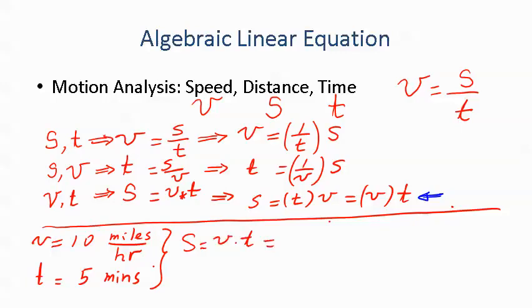So here we find, if we substitute the values, 10 miles per hour times 5 minutes. We know that the distance traveled will be units of length, which are, in this case, miles. So if we look at the units, we need to convert even the hour into minutes or the minutes into hour.